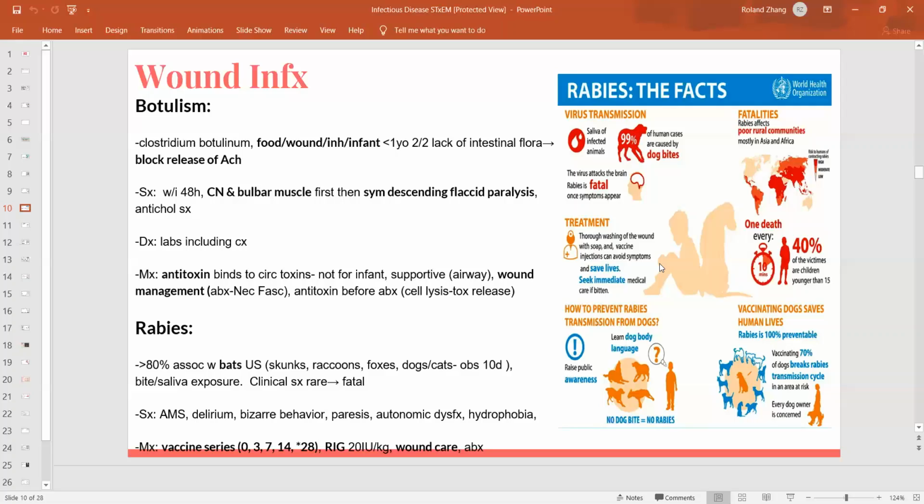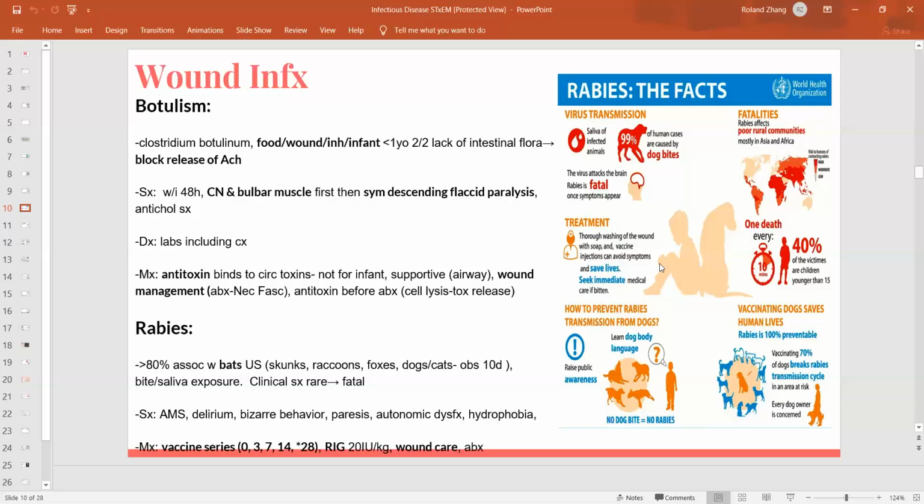Most of these are clinical diagnoses postmortem. But if you become symptomatic, you get delirium. It's all neuropsychiatric issues, like bizarre behavior, autonomic dysfunction, and a fear of water. The way we manage this is if there's some sort of suspicion, we put them on a vaccine.